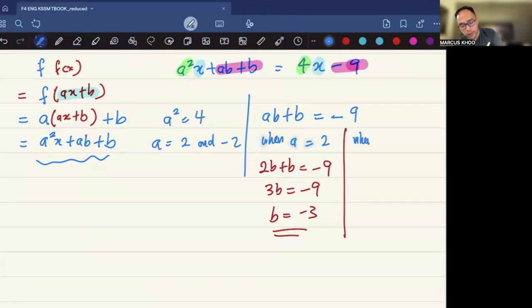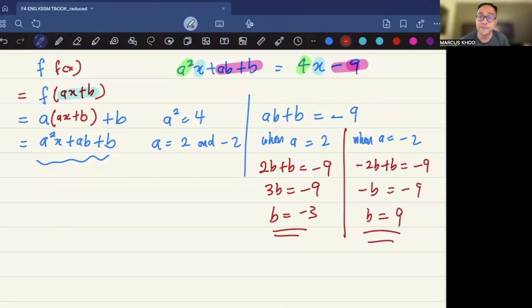When a equals negative 2, you substitute properly: negative 2b plus b equals negative 9. Negative 2b plus b is negative b equals negative 9, so b equals 9. So you get two answers for a and two answers for b.